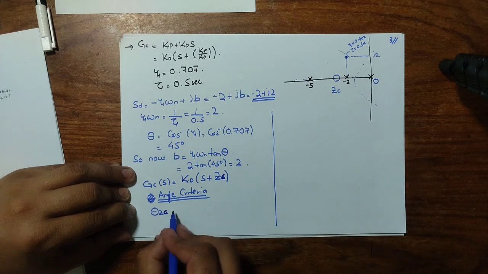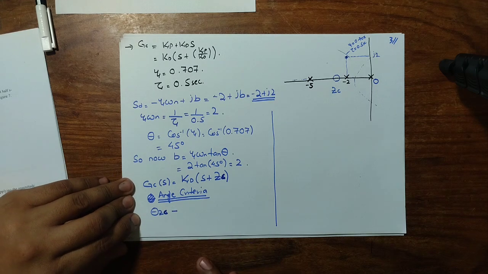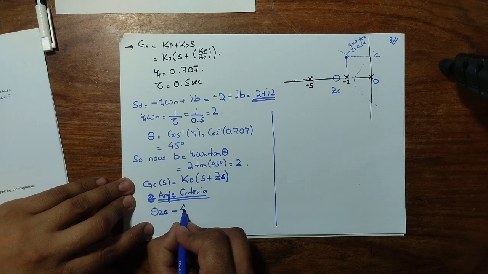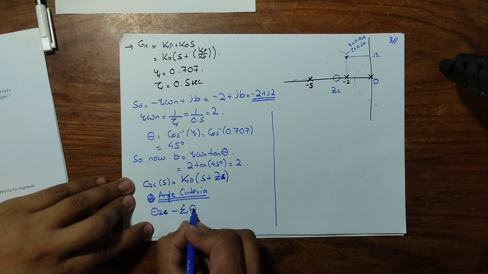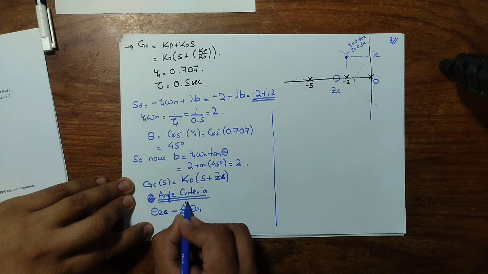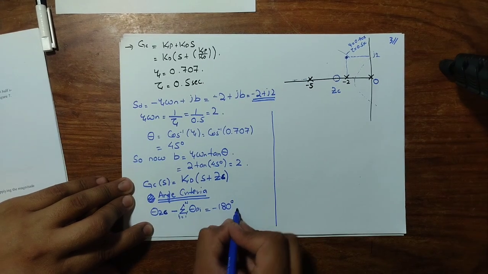So we have ZC, which is the compensator zero only, minus the poles, because the poles are in the denominator, so they will sum up in the numerator. We can say that the sum of theta i, where i is equal to 1 to n, should be equal to minus 180 degrees. So this is the angle criteria.